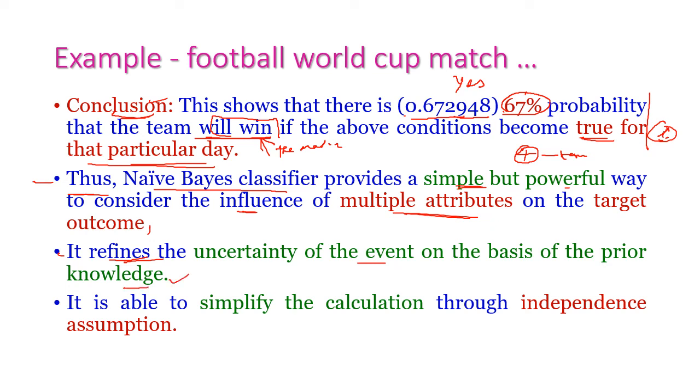Already we have the training data. If we give very good training data, then it refines the uncertainty of events on the basis of the prior knowledge, that is the training data, and it is able to simplify the calculations through independence assumptions.